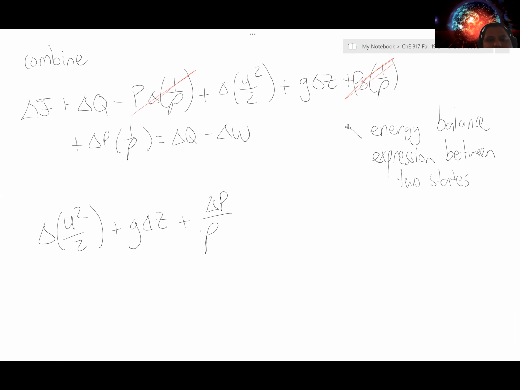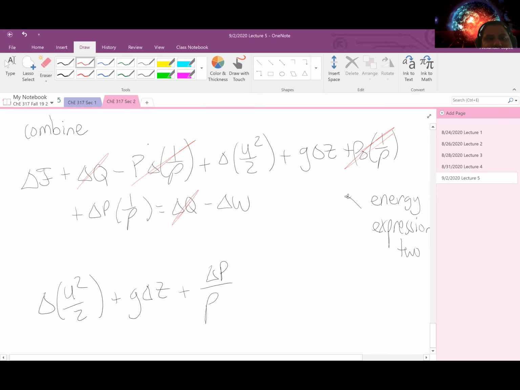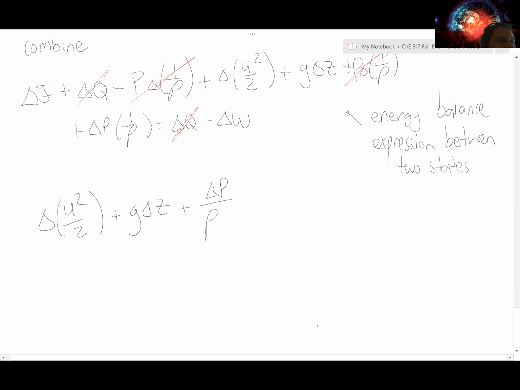And then what I'm left with, oh, the heat transfer goes away as well, is a friction term and a work term.